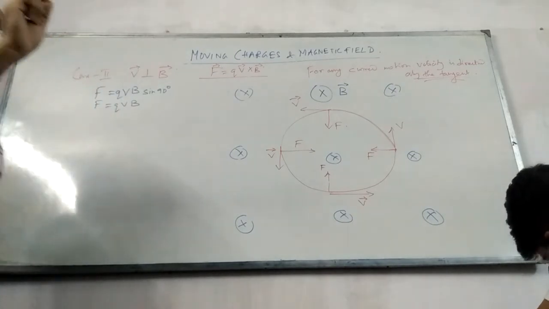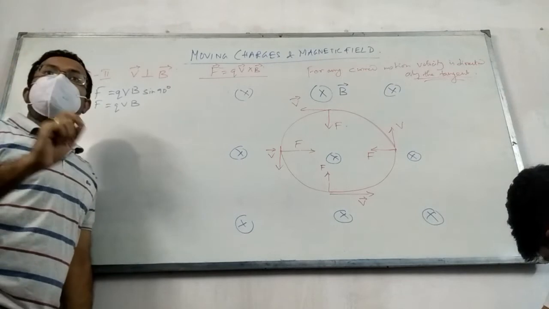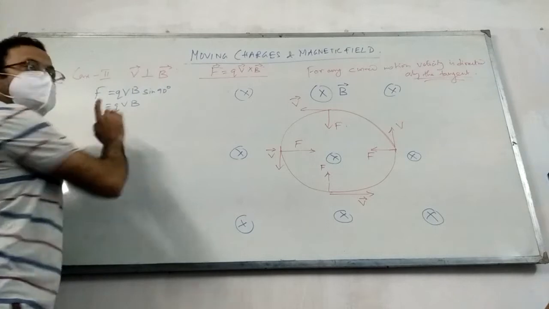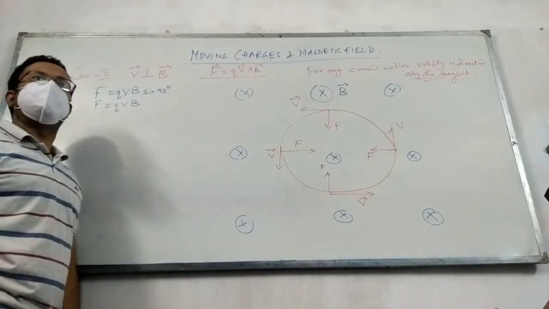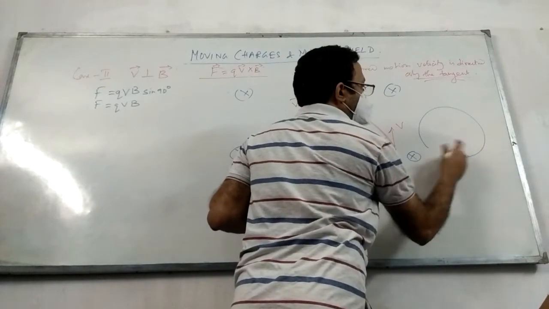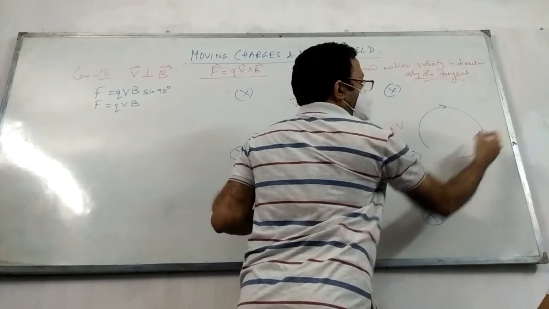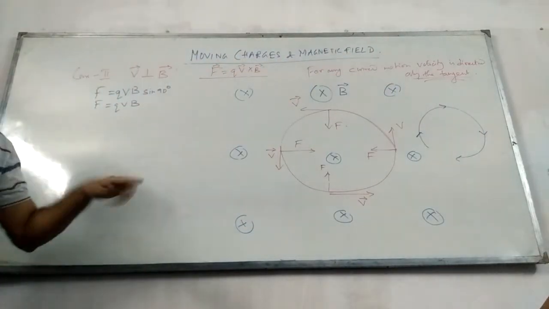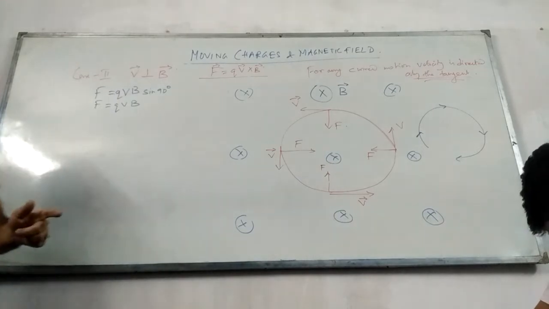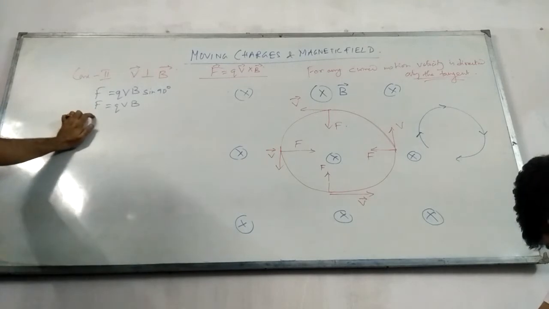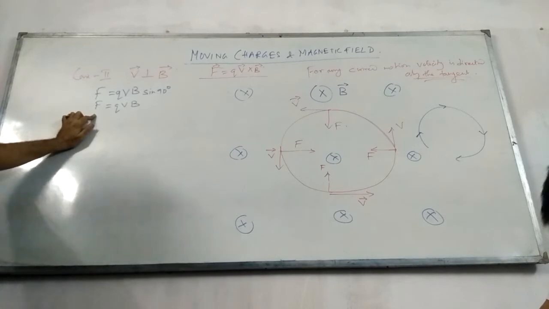Tell me what happens if this is a negative charge? It would have rotated clockwise, instead of anticlockwise. Alright? Clear? Has everyone written this much?